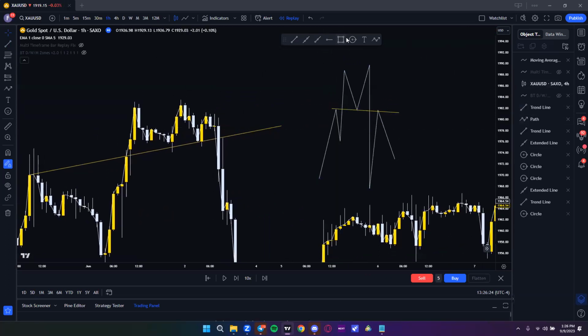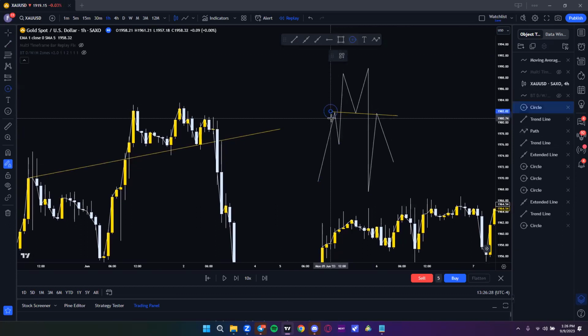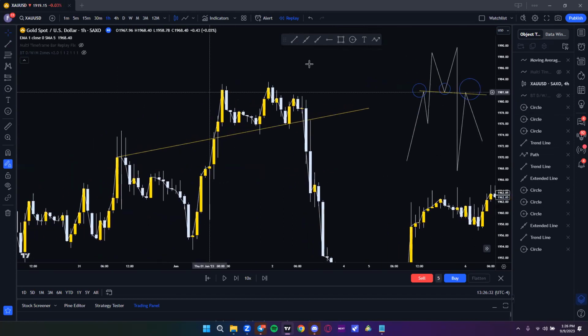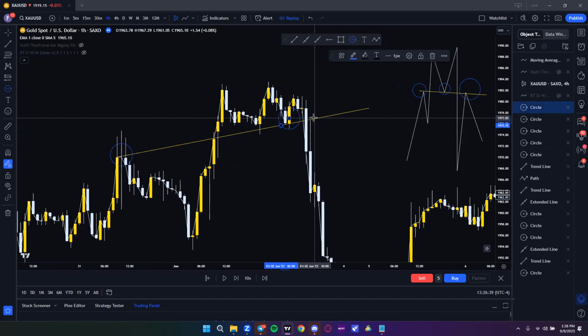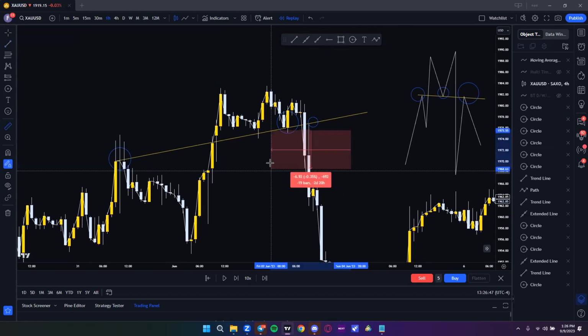You have resistance, support, resistance, support, and tight entry resistance. Just like that. And your decision level is right there.